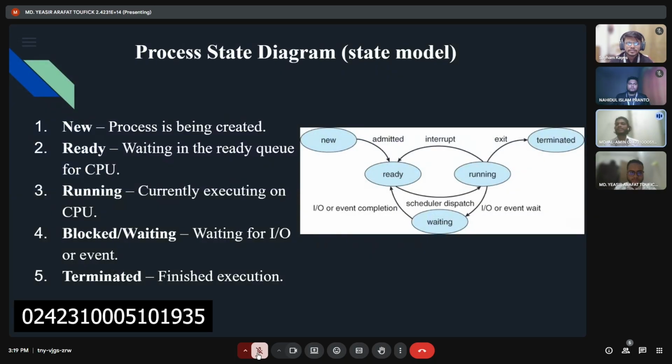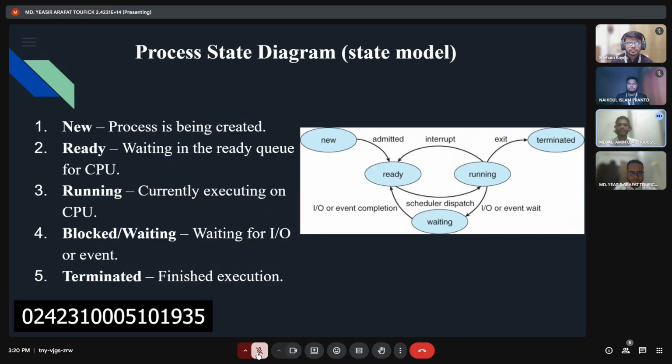If the process needs I/O, such as reading from the disk or waiting for the user's input, it cannot continue, so it's moved to the blocked state. And fifth is terminated. It means the operating system finished the process execution. When the process has finished executing and stops in the OS, it enters the terminated state.